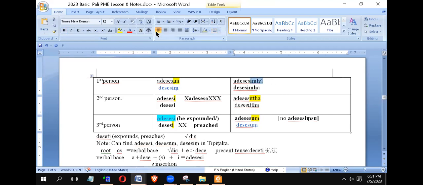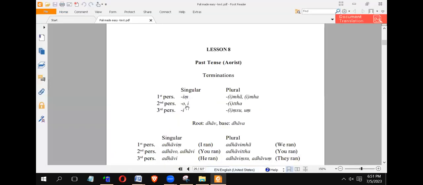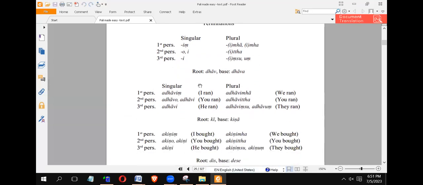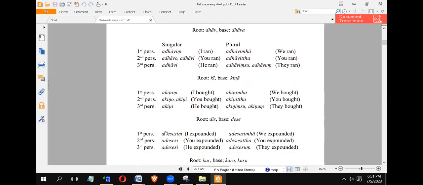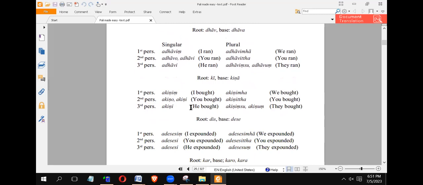It's still very similar to what we say in Pāli Made Easy. You can see I, imsu, o, I, ita, im, imma or imha. This is an example I explained in my notes because it needs more explanation, and this one I copied into my notes just now.